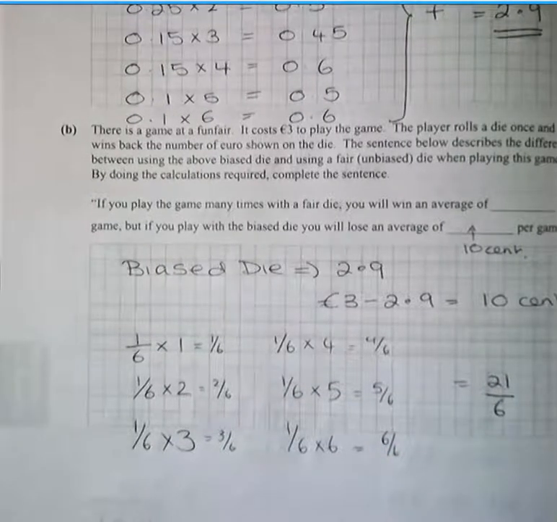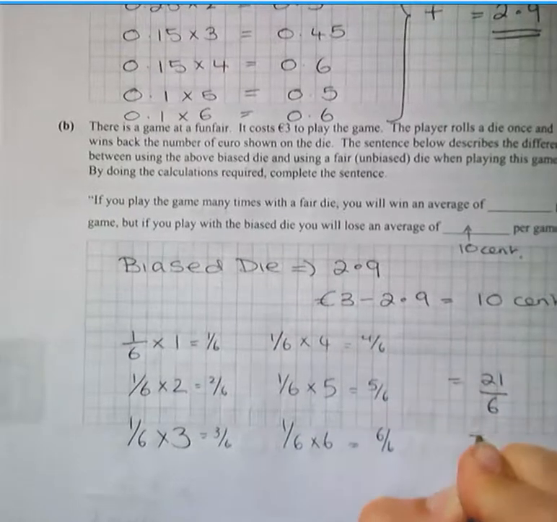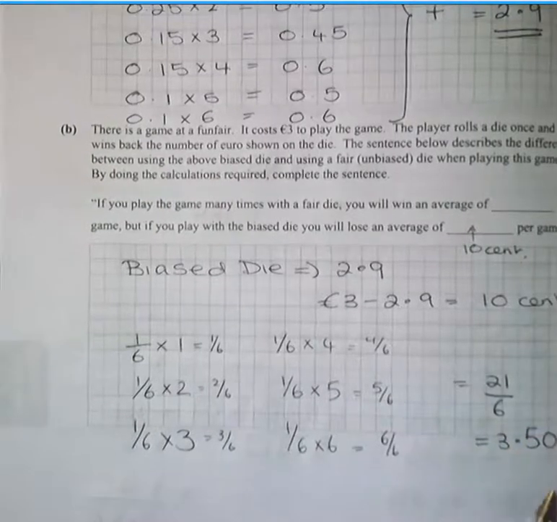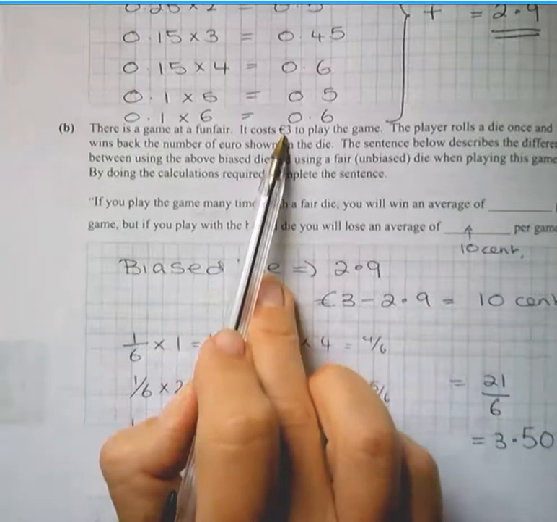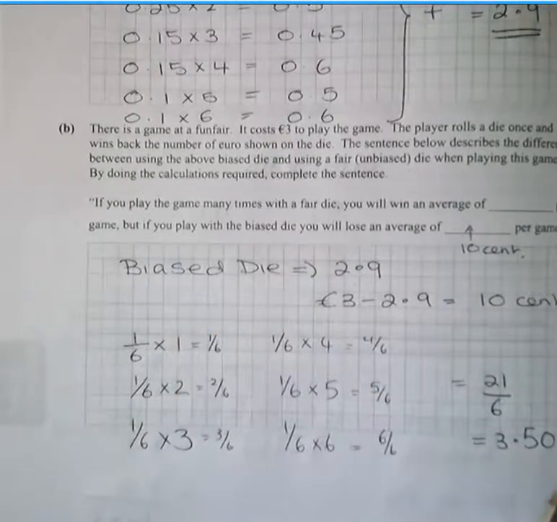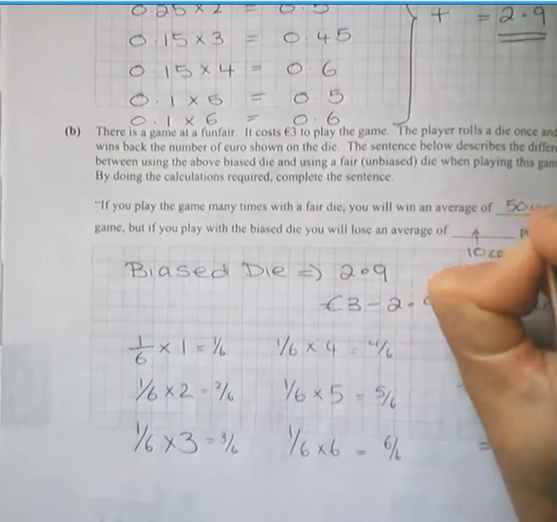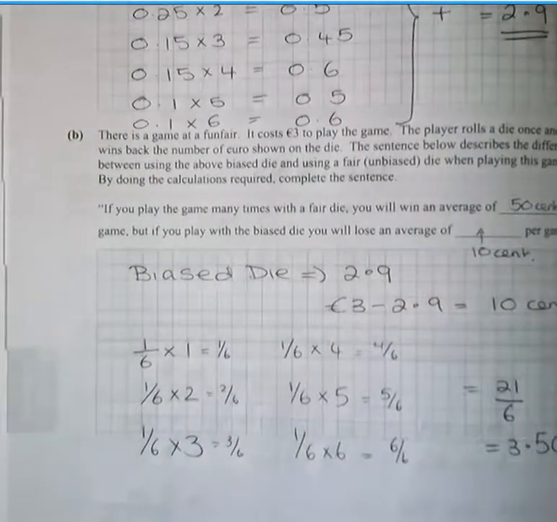So 21 divided by 6 as a decimal is 3.5, the same as 3.50. So if we're paying €3 to play the game and we are likely to win 3.50, you will win an average of 50 cents. Okay.